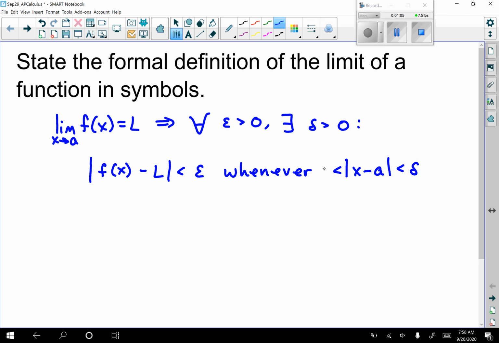And then we should still put in greater than 0 just in between, but absolute value indicates that it is going to be positive. All right, so there is the formal definition of a limit of a function in symbols.